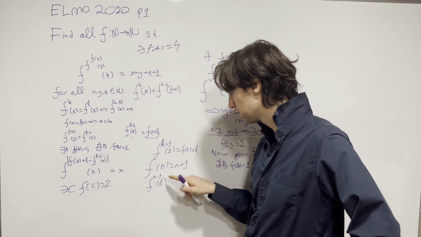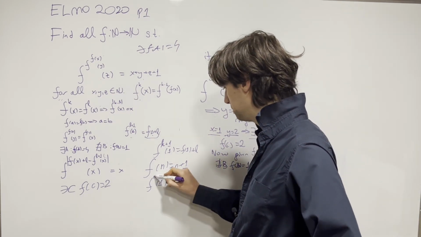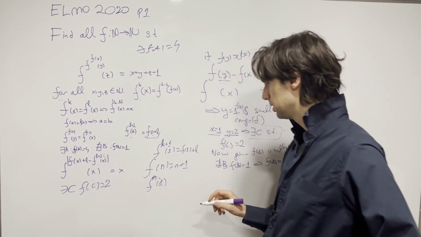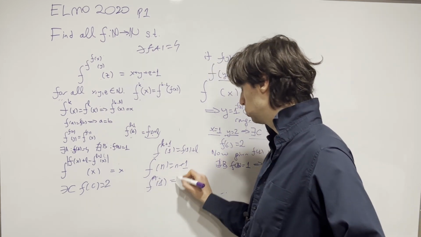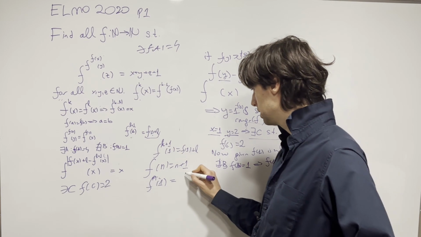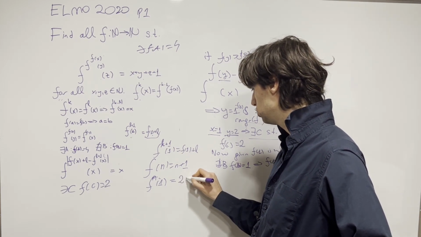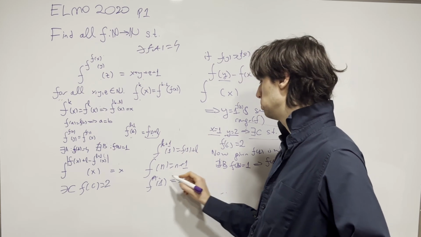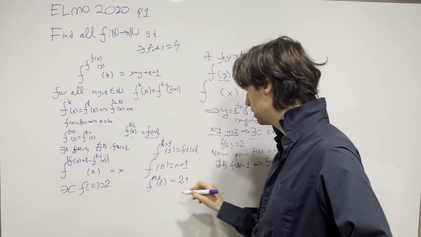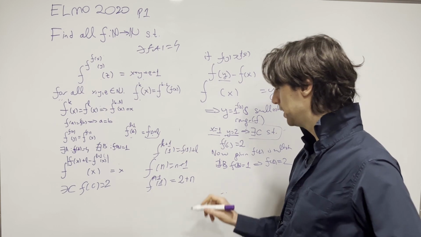So f of 1 applied n times is going to give us, on one hand, 2 plus n minus 1. So n plus 1 is going to give us 2 plus n.